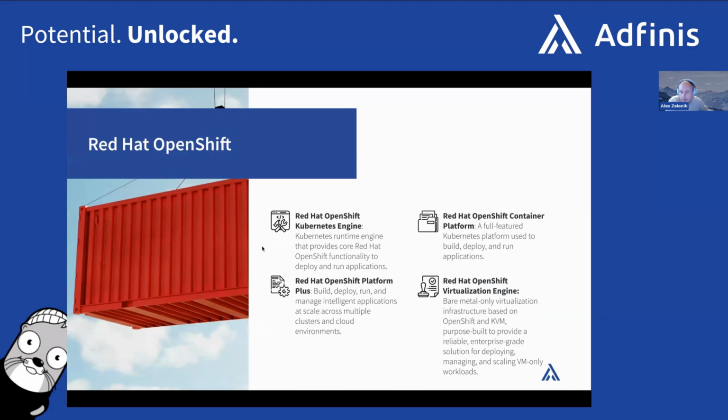Okay, so there are 4 different subscription options for Red Hat OpenShift. All of them include virtualization. The new one that is applicable to the use case that I described first, where you have no prior experience with containerization, is Red Hat OpenShift Virtualization Engine.